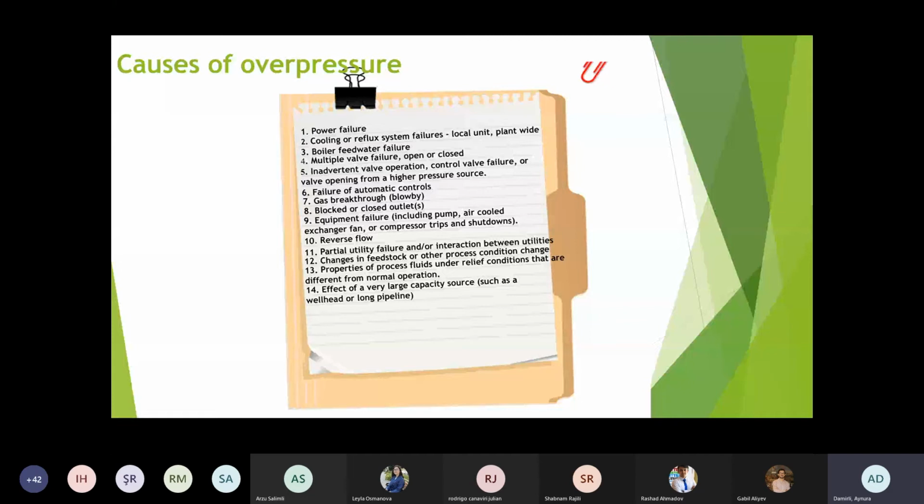emergency shutdown valve. In this case, it may be necessary to provide mechanisms for safely depressurizing the upstream source to allow enough pressure margin prior to startup, with appropriate SIS and procedural controls. SIS, I mean safety instrumented system, and procedural controls.